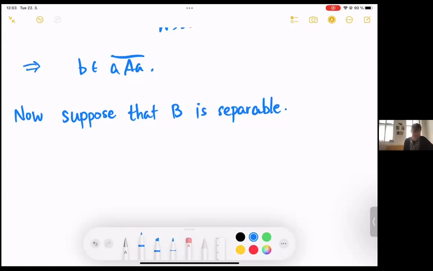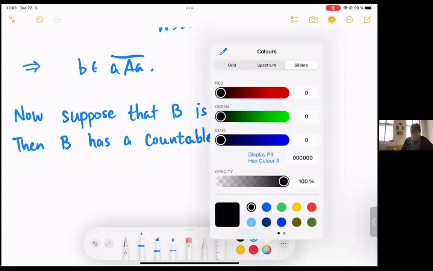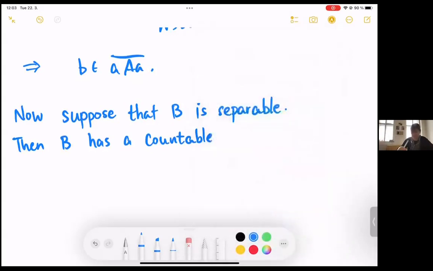Whenever you have a separable C-star algebra, then in fact you can always find a countable approximate unit. And I don't know if this was defined by Tristan to be consisting of positive elements, but if I don't say otherwise, I mean that it's increasing and positive.